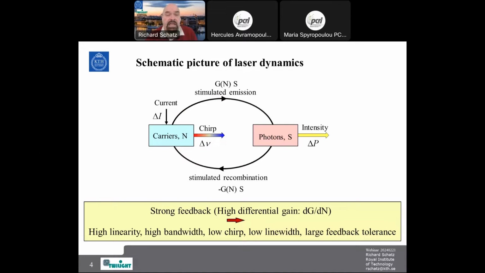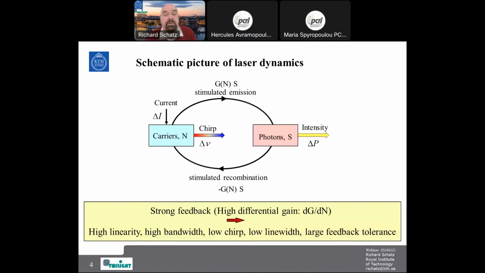And the feedback gain is given by how much the stimulated emission changes when you change the carrier density. So it's mainly dependent on how much the gain changes when you change the carrier density. That is called the differential gain. So if you have a large dG/dN, that is a large increase of gain when you increase the carrier density, you can get a laser with high linearity, also high bandwidth, low chirp, low linewidth, and large feedback tolerance.